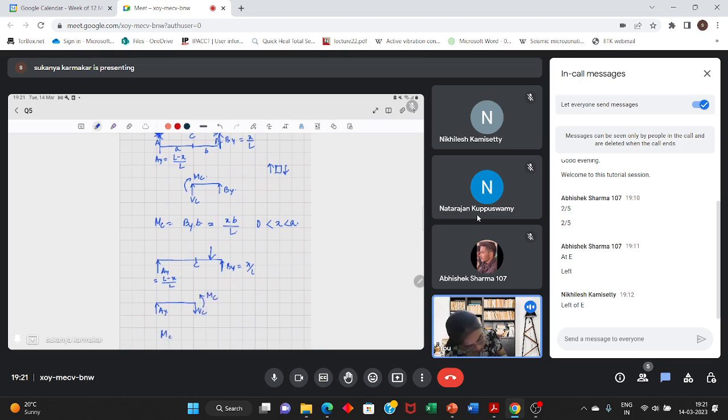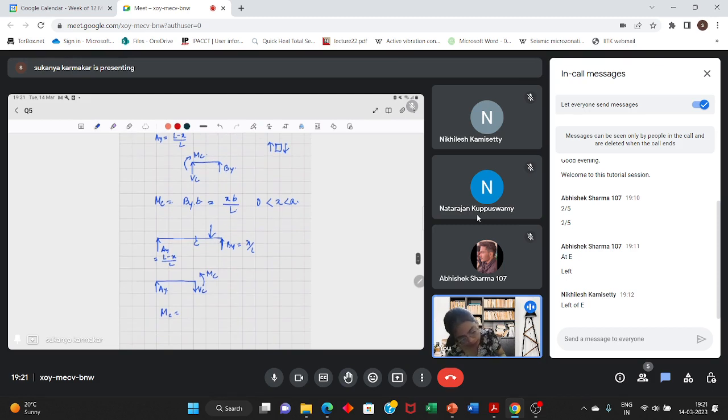So here the moment MC will be Ay into this distance, which is a. What is Ay? (L minus x) by L into a. And here x varies between a to L.